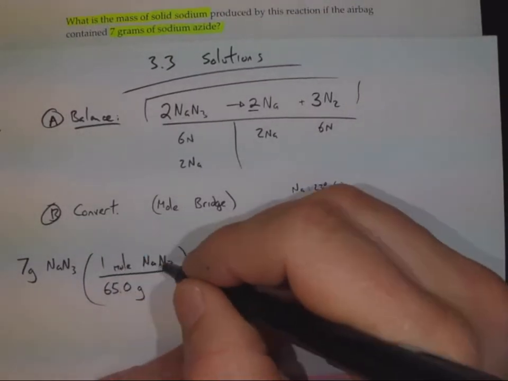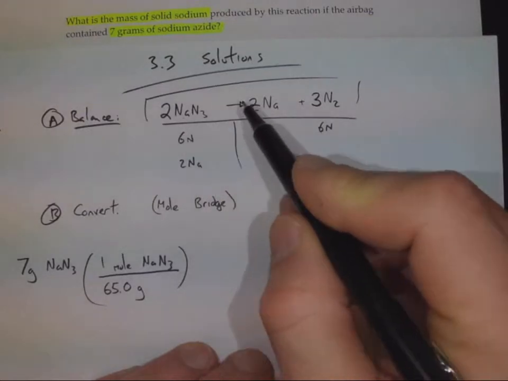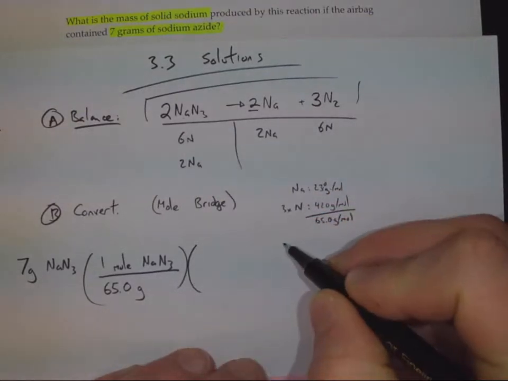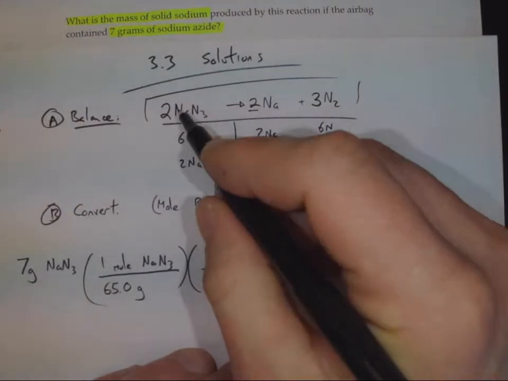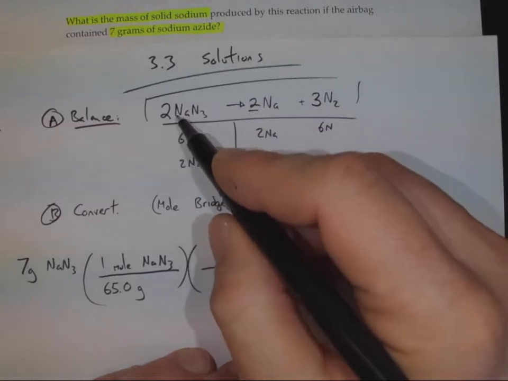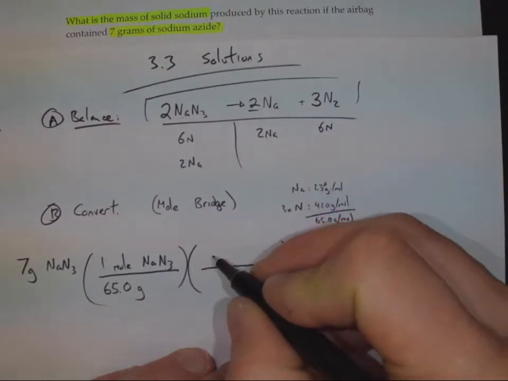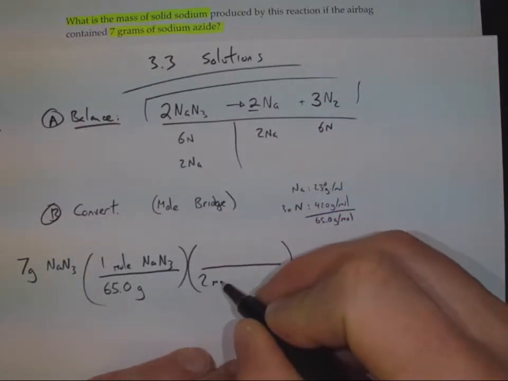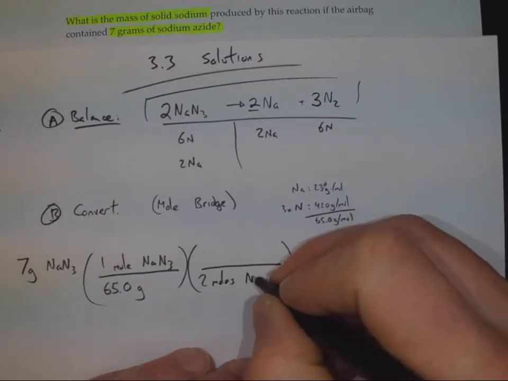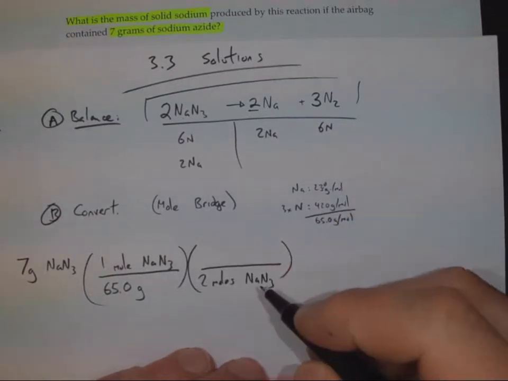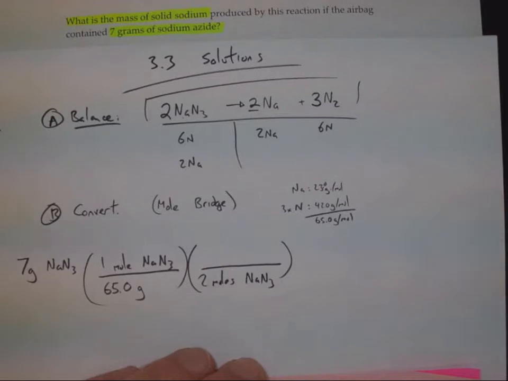And now we're going to convert units of sodium azide into units of sodium. It's a 2-to-2 ratio. 2 moles of sodium azide produce 2 moles of sodium. So I want my 2 moles of sodium azide down here. So they're going to cancel out diagonally.